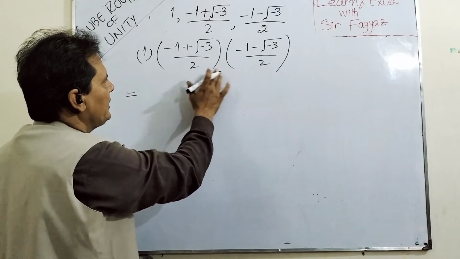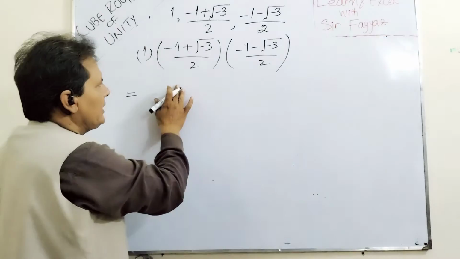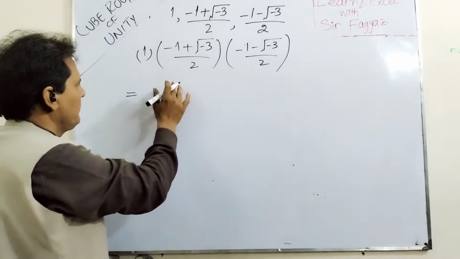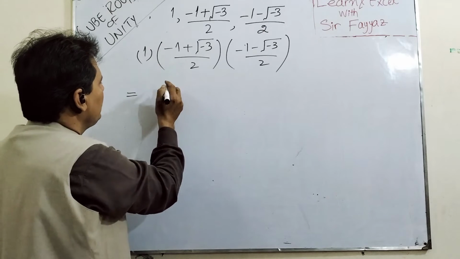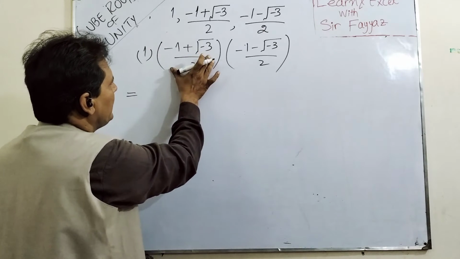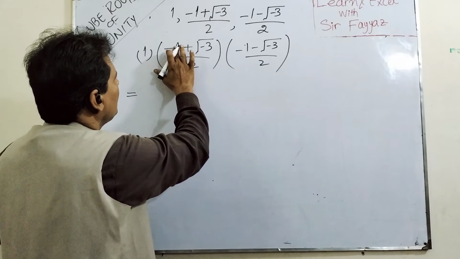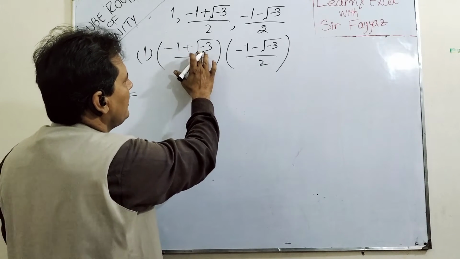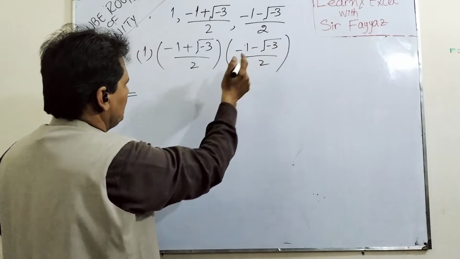So we have to multiply these three roots and we have to prove in the end that the result is 1. 1 times this one, the result is the same. It means that we have to multiply these two numbers: minus 1 plus square root minus 3 times minus 1 minus square root minus 3.